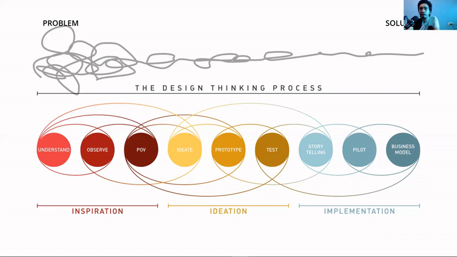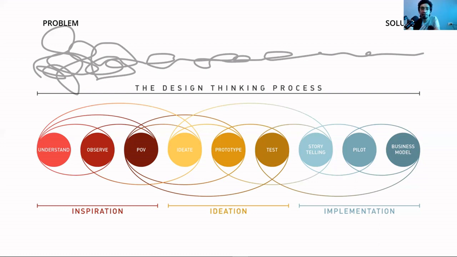And the design thinking process is best thought of as a system of overlapping spaces rather than a sequence of orderly steps. So again, for the design thinking process, especially from the word process, it doesn't mean that it is step by step. Like I've said, it is not a sequence of orderly steps, but a system of overlapping spaces.